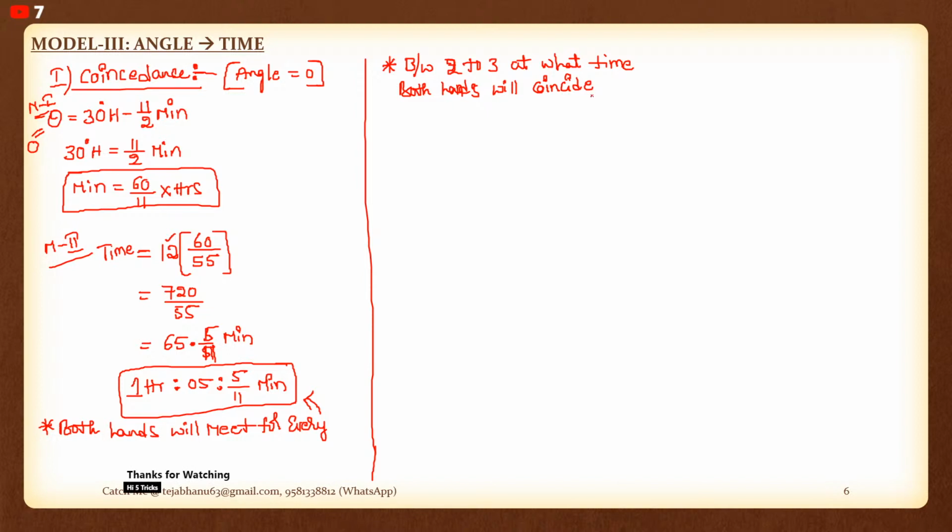Between 2 to 3, at what time both hands will coincide? This is the question.